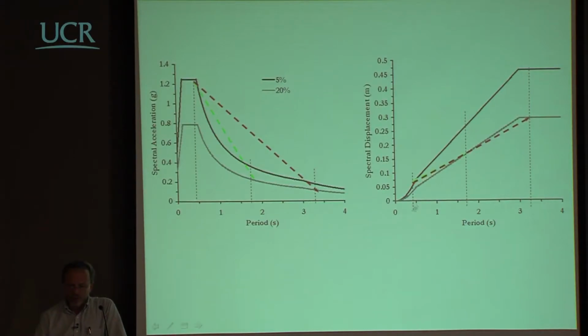But if you look in terms of displacement spectrum, even if you have a reduction in displacement corresponding to the corner period because of the added dissipation, in most cases you have a very significant increase in the displacement demand.